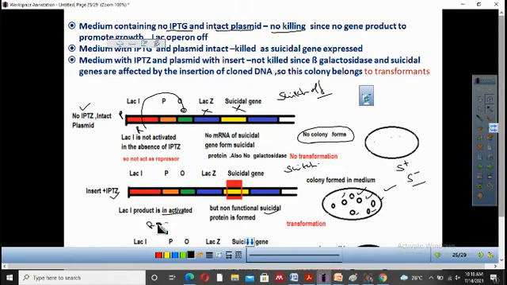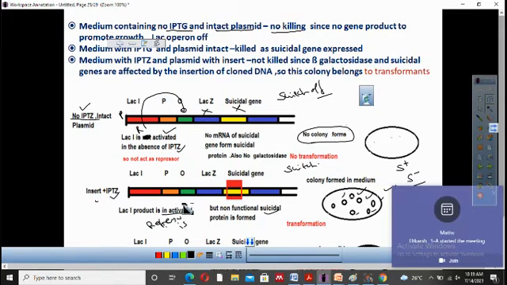The repressor is activated in the absence of IPTG, and the repressor is inactivated in the presence of IPTG. So if no IPTG is there, the repressor is activated and it will bind, and if the repressor is inactivated, it won't bind to the operator.